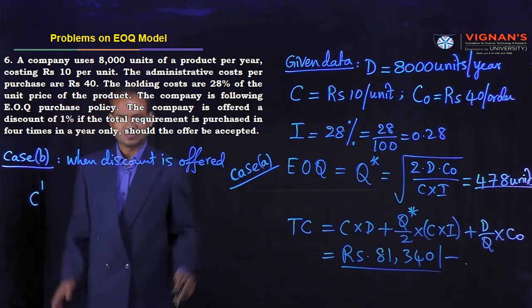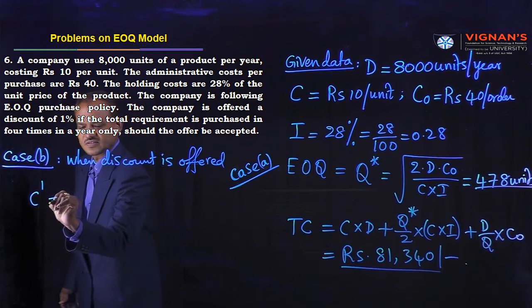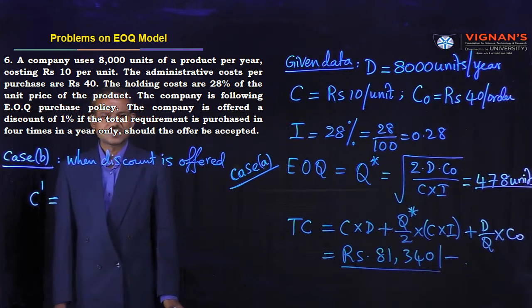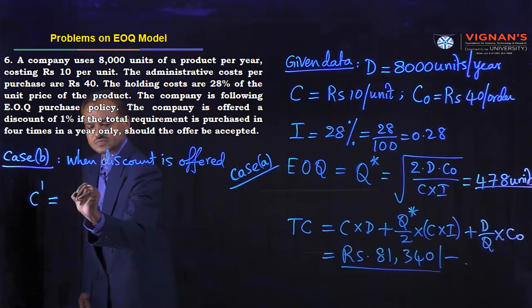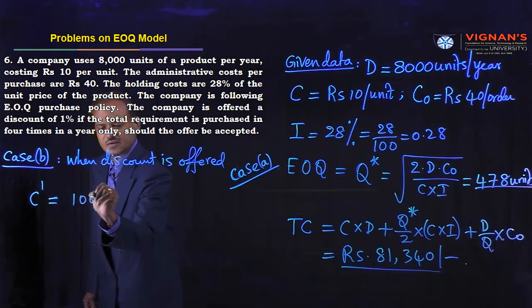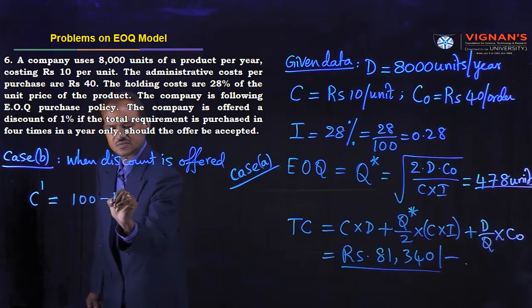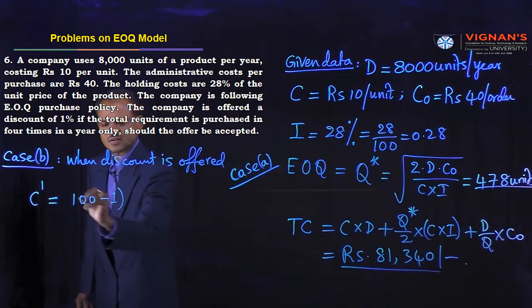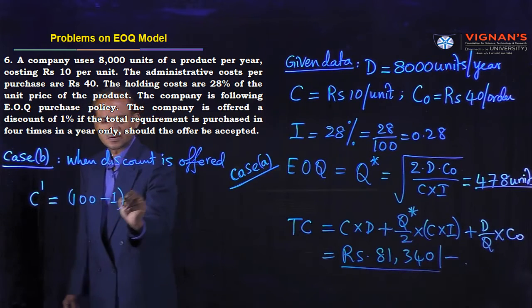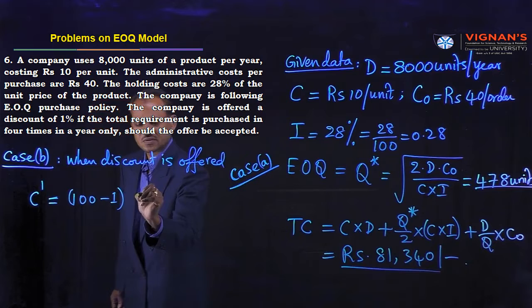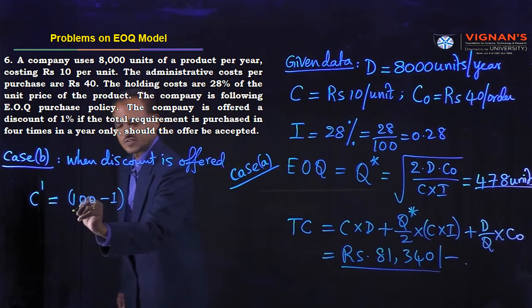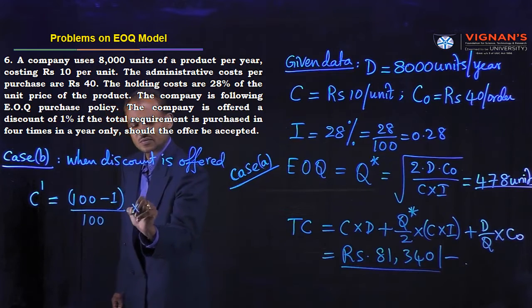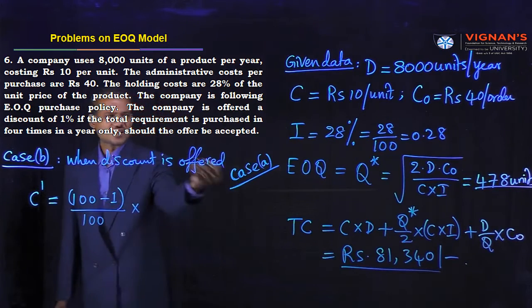Let us assume C dash is equal to a 1% discount, means 100 minus 1, 99% by 100, into the original cost of the price.